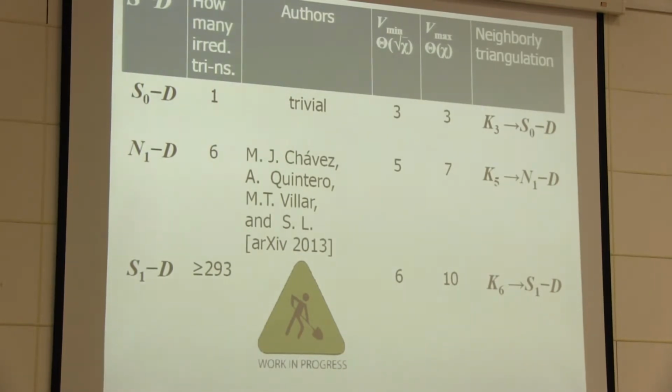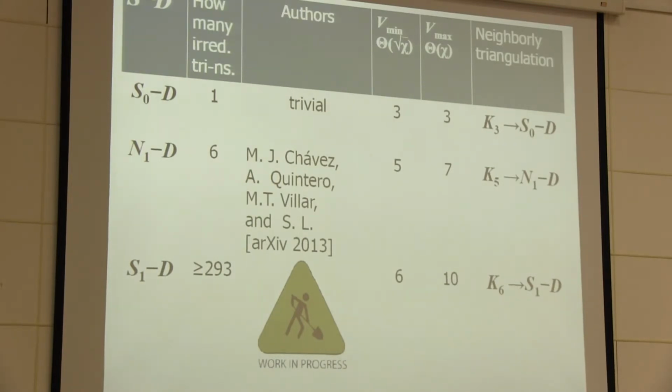And let's look at the second line. N1 minus D, which means the Möbius band. It's a once punctured projective plane. It's a Möbius band. Actually, we found all combinatorial types of irreducible triangulations of the Möbius band last year in 2013. This was a joint work with Chavez, Quintero, and Beecher.